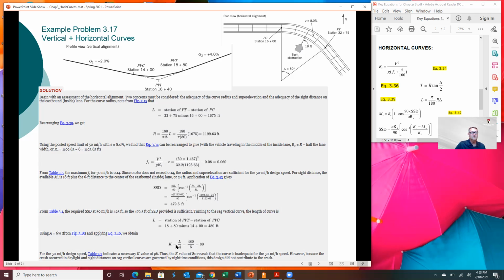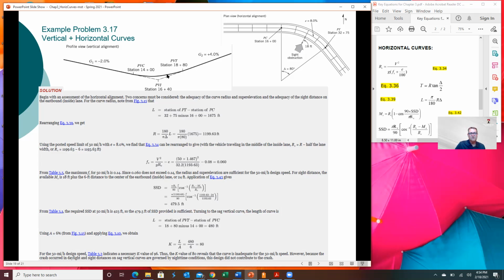You can then use equation 310. This is going back to the part of the course that we were covering earlier on vertical curves, K equals L divided by A. You've got both grades, -2 and +4. So that means A is 6. You calculated the length. So the K value is 80.